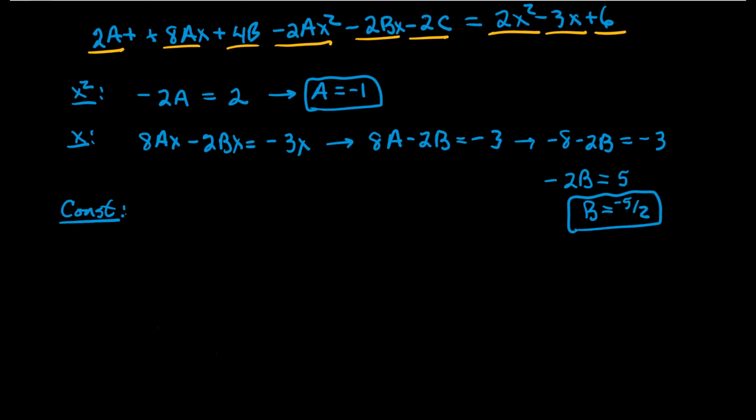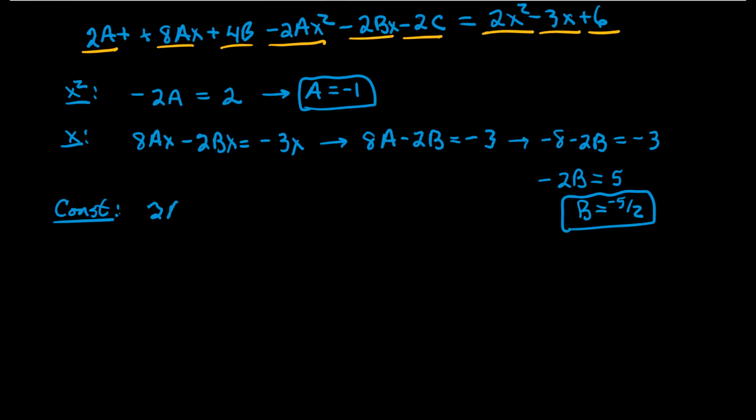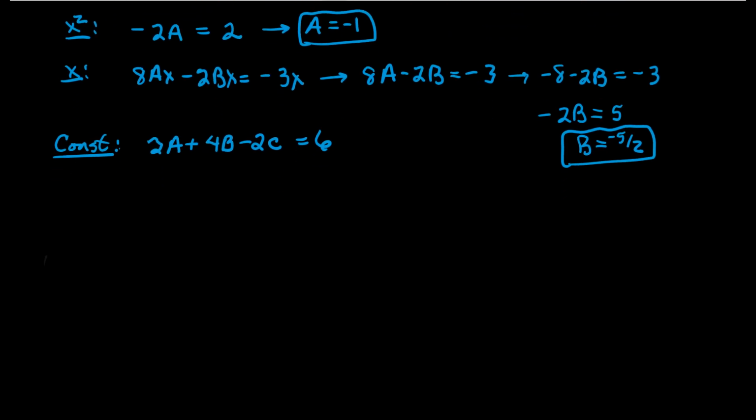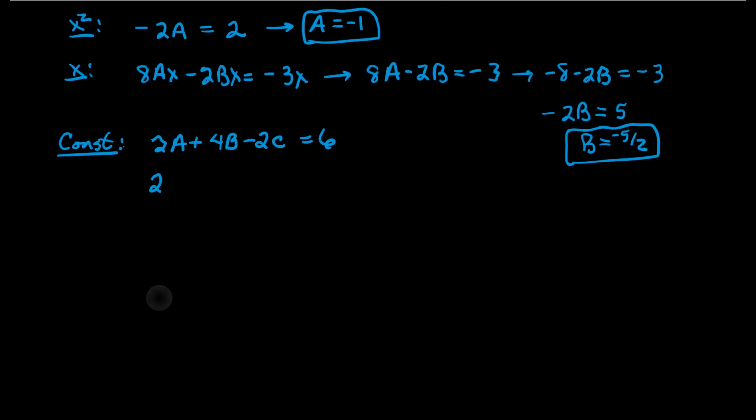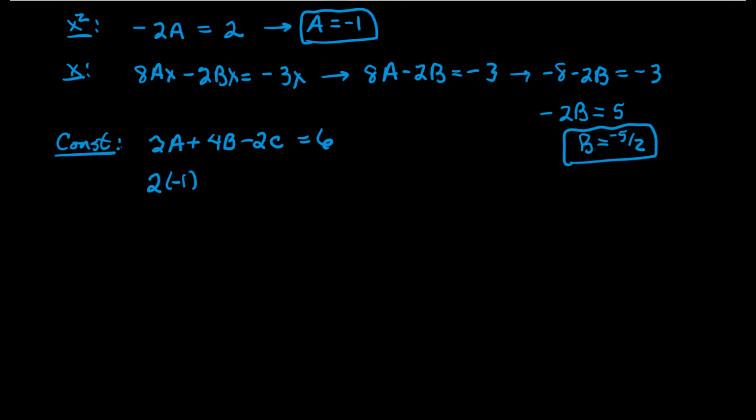Our constants are going to be 2a plus 4b minus 2c, and those should add up to give us 6. The nice thing is we already know a value for a and a value for b. So I'm going to substitute in the value for a, which is a negative 1, 4 times the value for b, which is a negative 5/2, minus 2c equals 6.